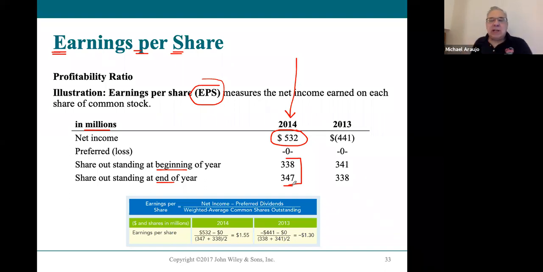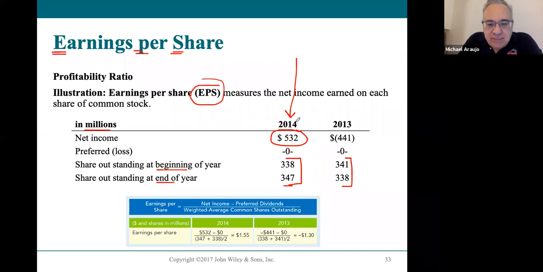That's because companies can choose through the year to sell more shares of stock to raise money. They can also buy back stock, which is what you see here in 2013. They started the year with 341 million shares. They ended the year with 338 million shares, less shares. Well, that's because the company went out and bought stock back in most cases. You'll see that share reduction.